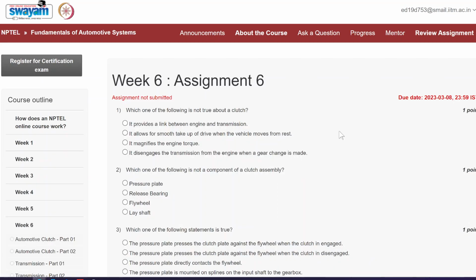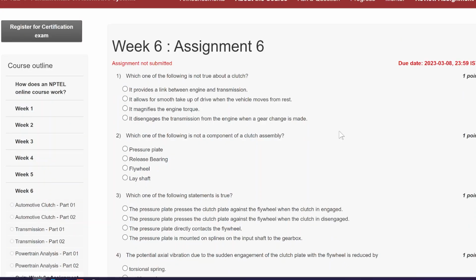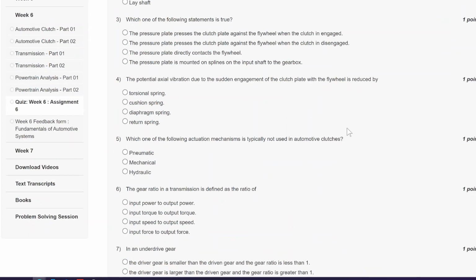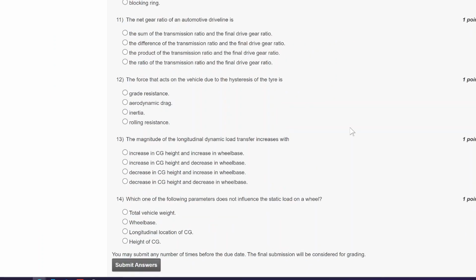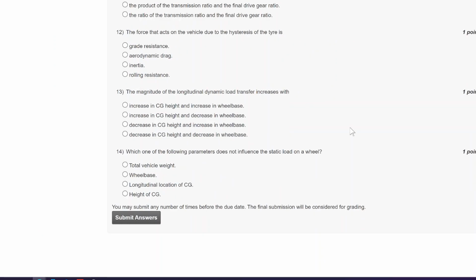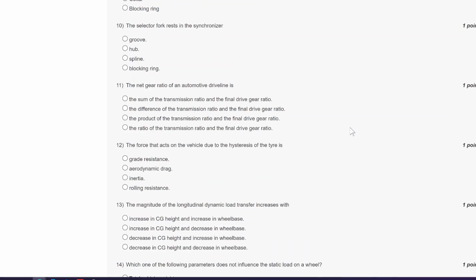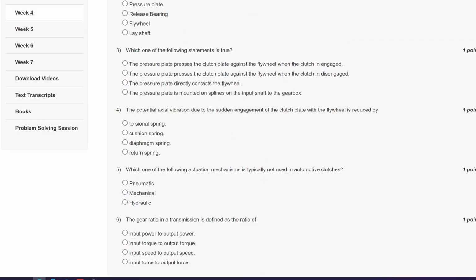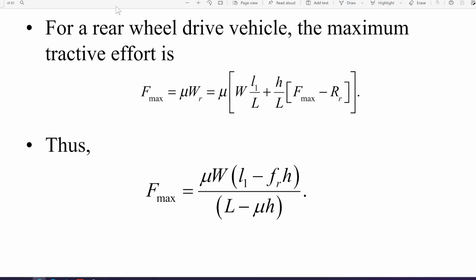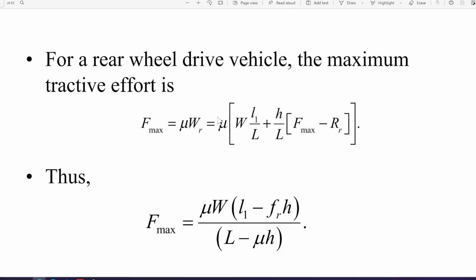Okay, so the due date for week 6 is tomorrow. Oh, that is why the week 7 part is not done yet. All right. Okay, anyway, we'll continue with the discussion so that it is helpful.